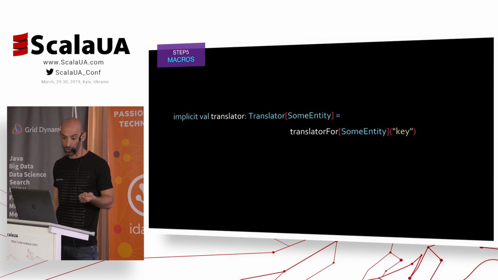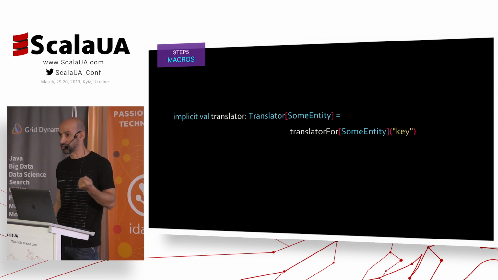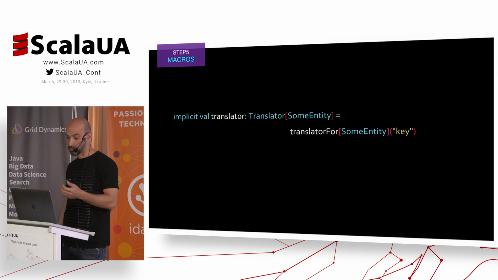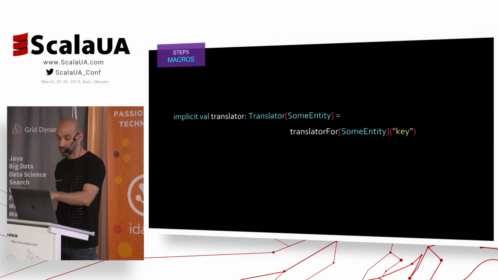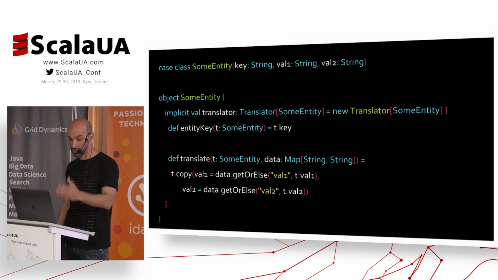And with a macro, we got to the point where this is the code. So you have translator, we're putting the entity, and we're putting in a string the ID of that entity. So it looks for the field key, and that's it. This is how you generate a translator, instead of all of this.